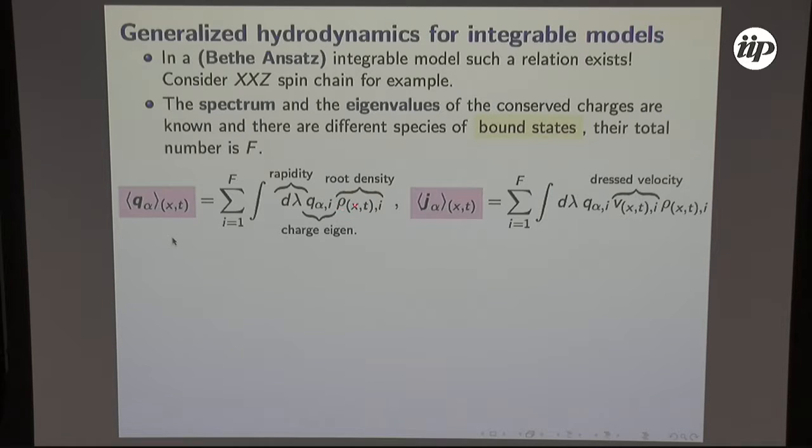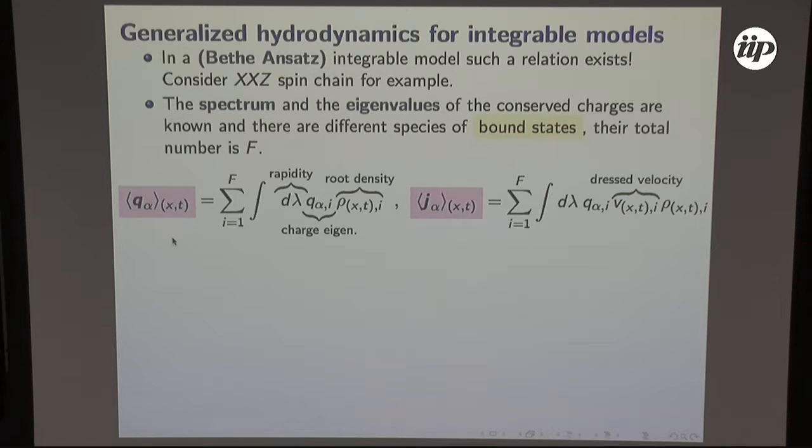What you also know is that the conserved charges have an expression in terms of this root density, in the language of Bethe Ansatz. You can just think of it as a fermionic occupation number. So this is some quantity which is equivalent to n of k. It's telling you how many bound states of type I have at a certain momentum lambda.